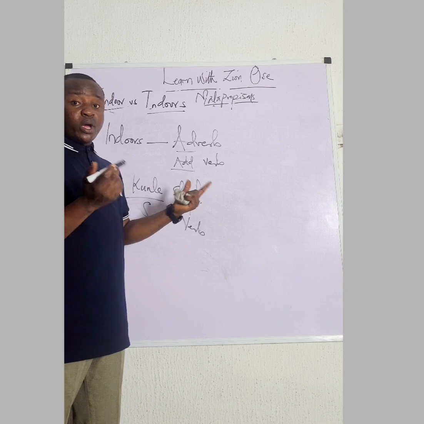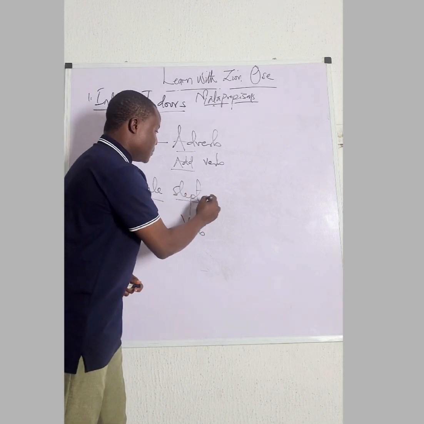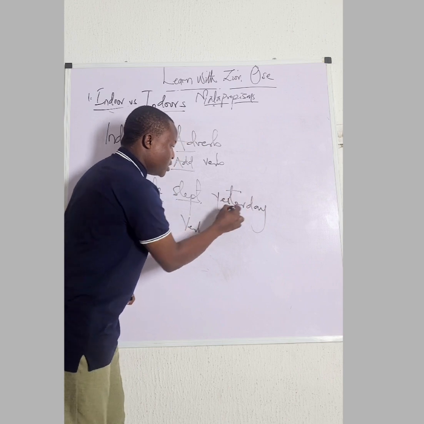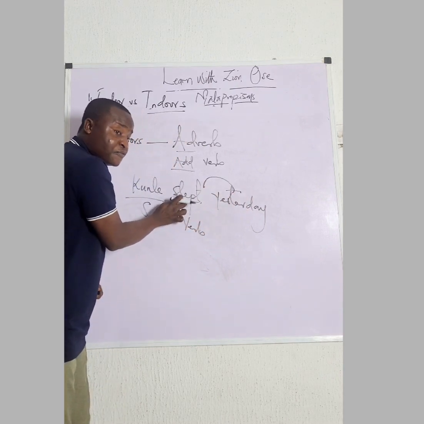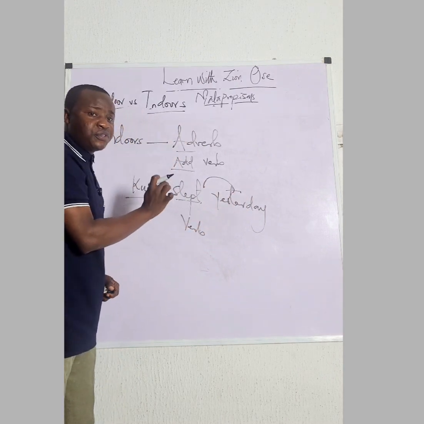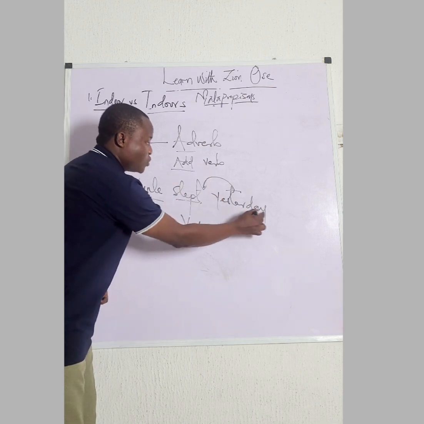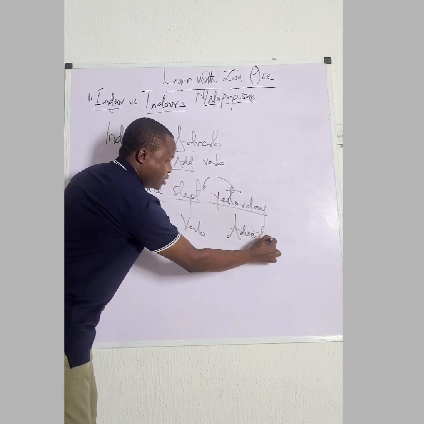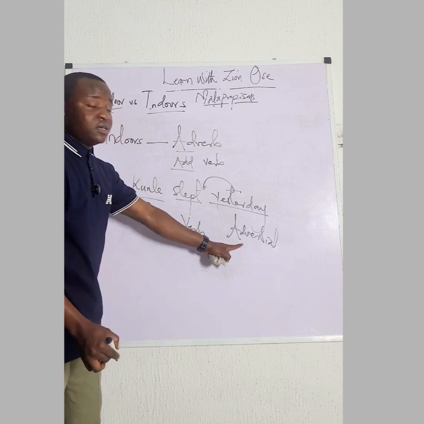Kunle slept where? So when I say Kunle slept yesterday, what yesterday does here is to give additional information about this word, which is a verb. So yesterday becomes an adverb. In this case, it is an adverbial, S-V-A.